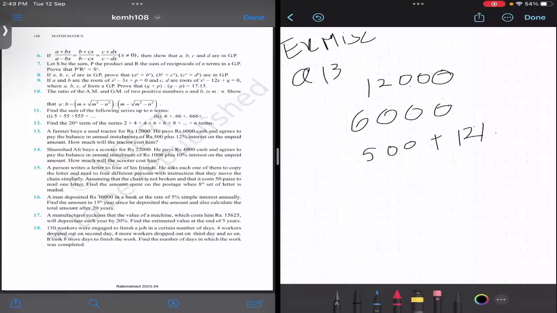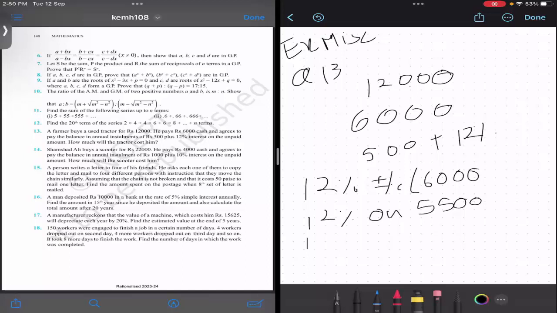So the amount he paid in interest is going to be 12% of. So in the first year he paid 12% interest on 6,000. In the second year he paid 12% on 5,500. On the third year he paid 12% on 5,000, and so on and so forth.